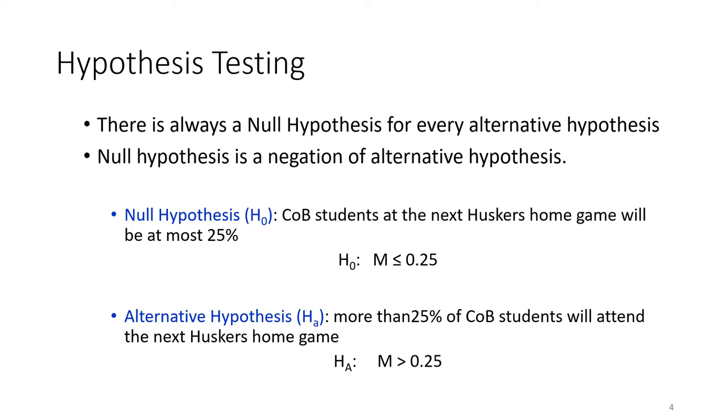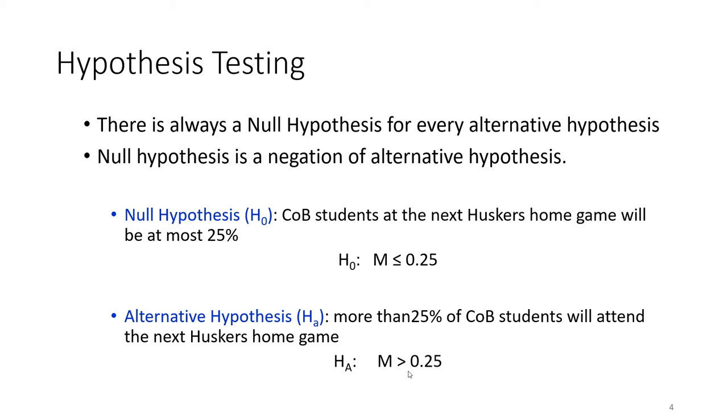Now, the null hypothesis in this example says that College of Business students at the next Huskers home game will be at most 25%. The notation is that H naught represents that by M less than or equal to 25% or 0.25. The alternative hypothesis is the negation of the null hypothesis: more than 25% of COB students will attend the next Huskers home game.